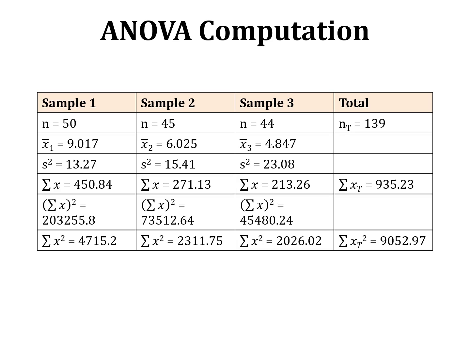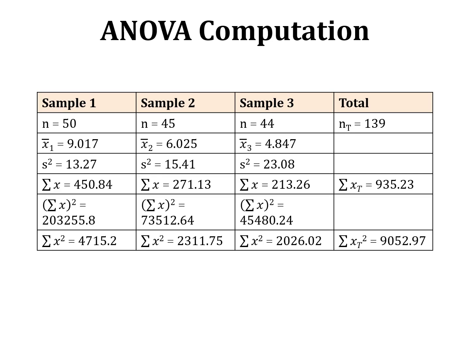Then we have the square of summation x. So this is the square of 450.84 for sample number 1, and the answer is 203,255.8. And then we have the square of sample number 2, which is the square of 271.13, and we have the square value for sample number 3, which is the square of 213.26, and the answer is 45,480.24, right?